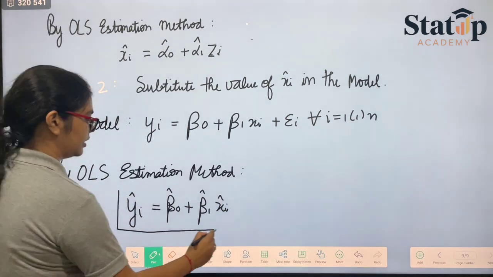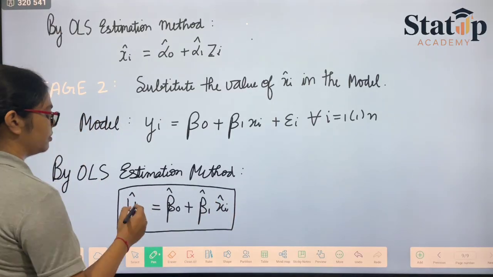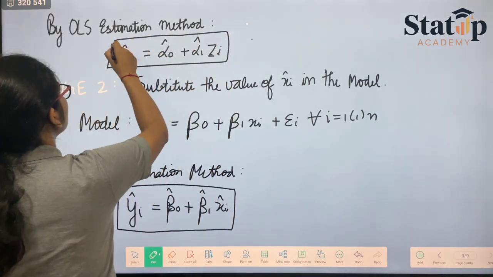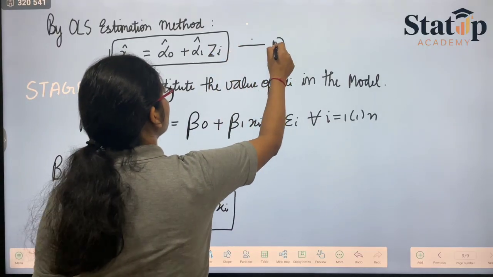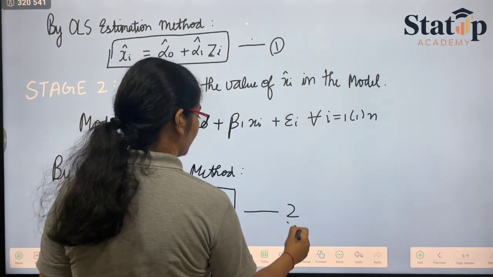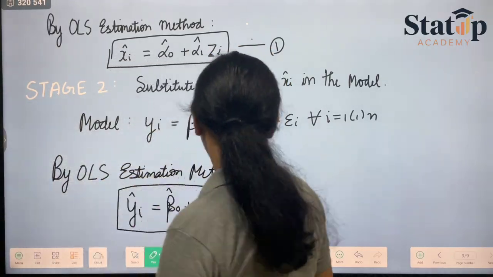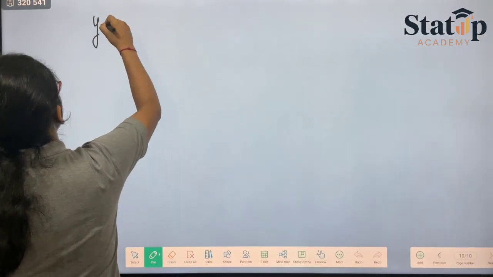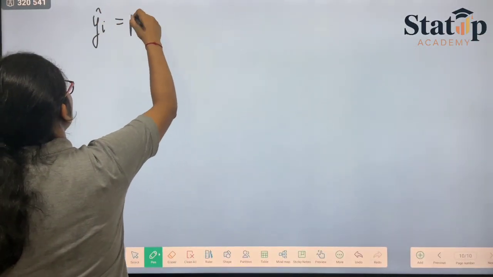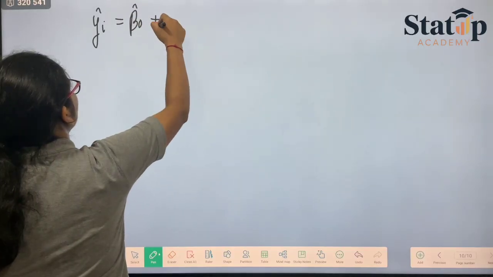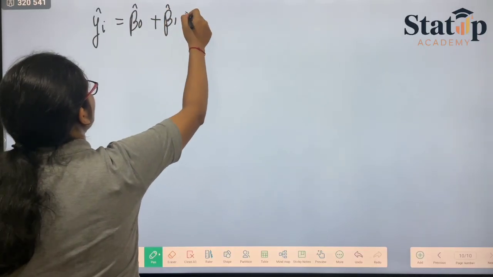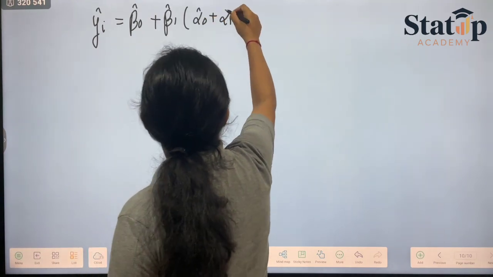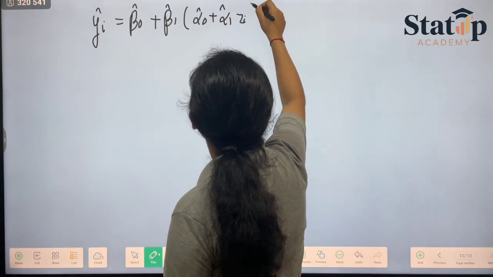This will be the predicted value of yi. And from equations 1 and 2, we will get the actual values of yi cap, which is yi cap equals β0 cap plus β1 cap into (α0 cap plus α1 cap zi).